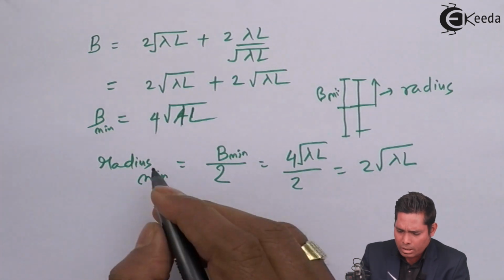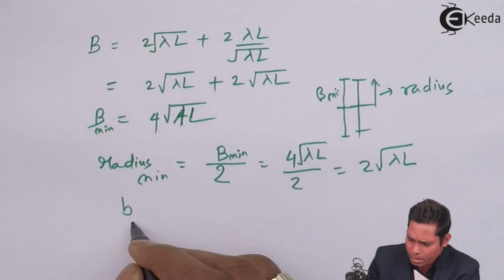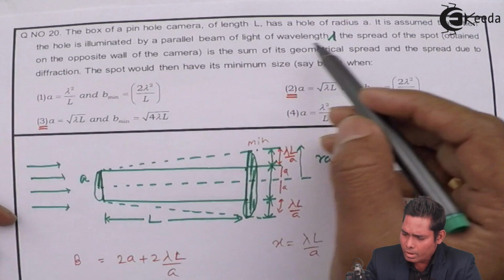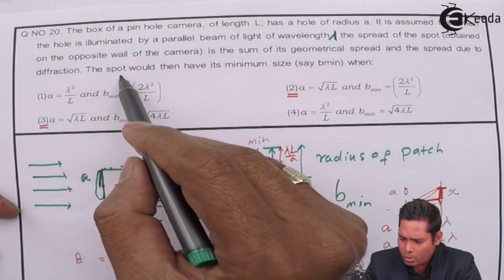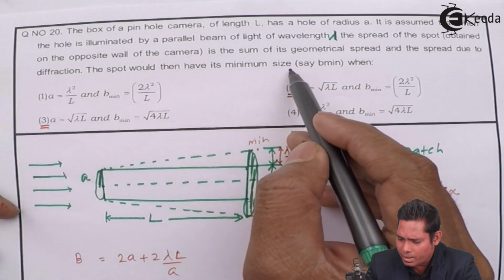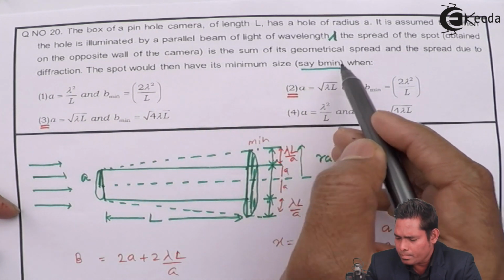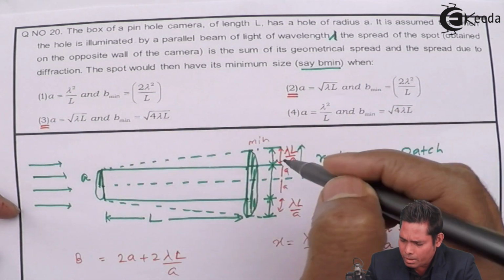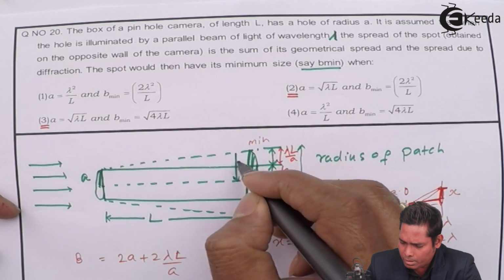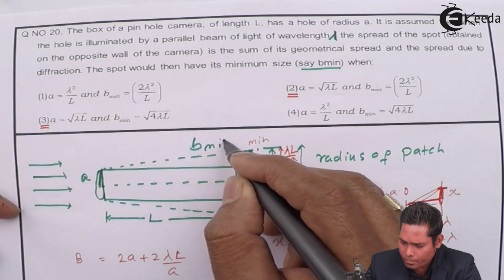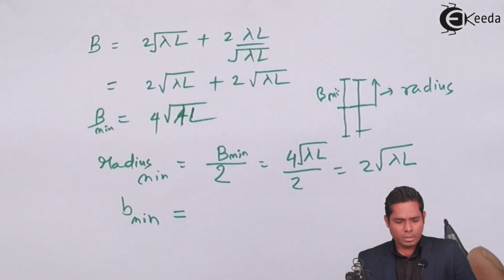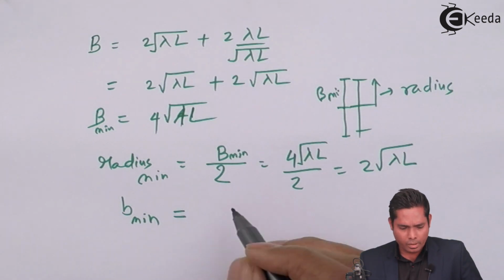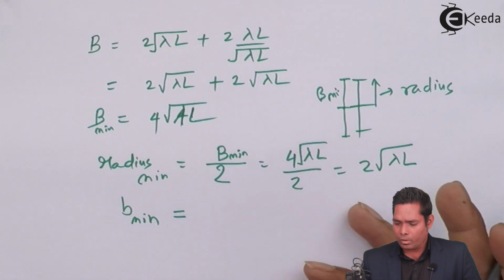For this radius minimum, he has taken B minimum, and he says that the spot would then have its minimum size, say B minimum, in terms of its radius. This one is B minimum, I suppose, and this one is A plus lambda L by A, or this one.